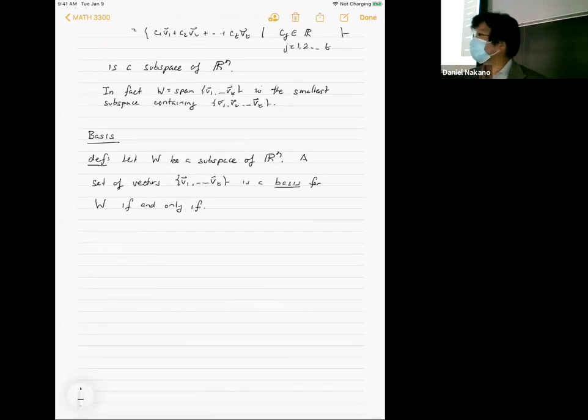Okay, so there's a picture you should think about on the side. So I have this plane over here. And so I want to take a vector here, let's say it's V1, and then here's another vector V2 over here. Okay? So what properties do V1 and V2 have which allow us to describe the subspace W?